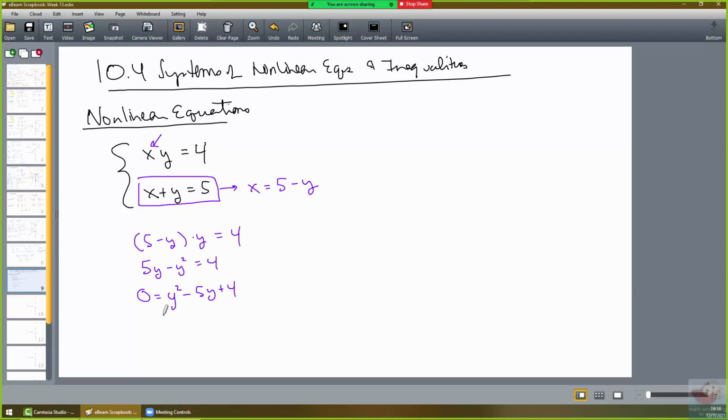Negative 5 and 1 would multiply to negative 5. So because this is a plus sign, these must both be the same sign, so y minus, y minus. So we would use 1 and 4. Negative 1 times negative 4 is positive 4. Negative 1 plus negative 4 is negative 5.